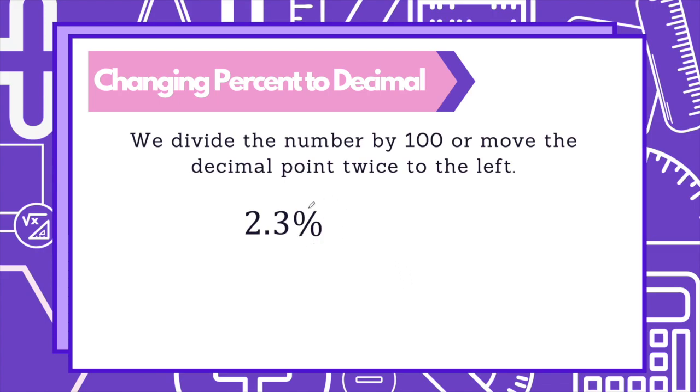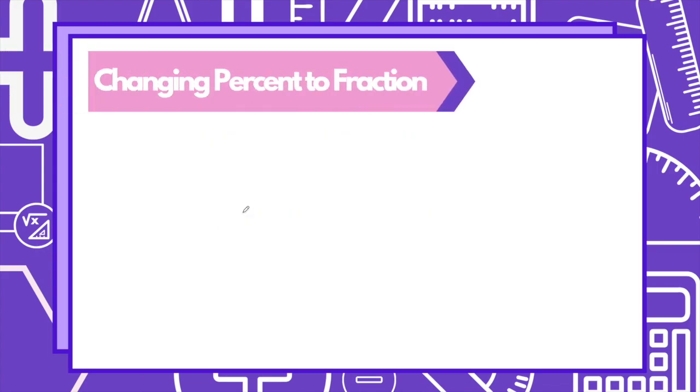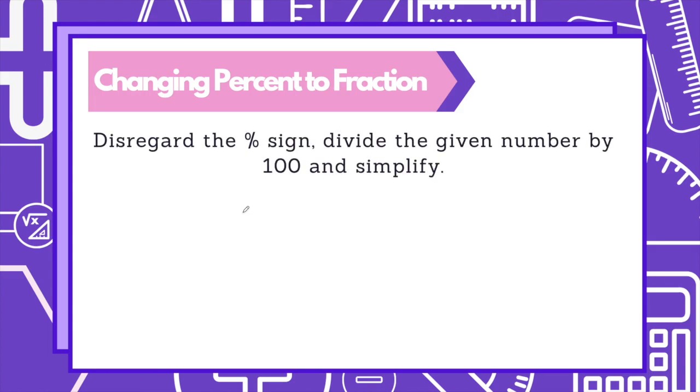I disregard the percent sign and then I'll be moving the decimal point twice to the left and then adding 0 here. The decimal equivalent of 2.3% is 0.023.